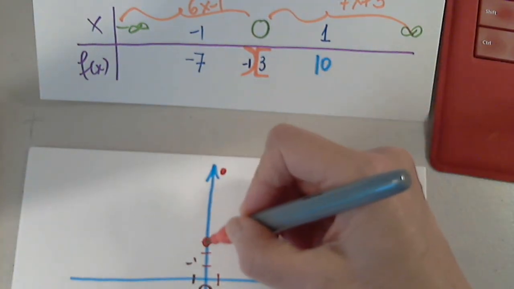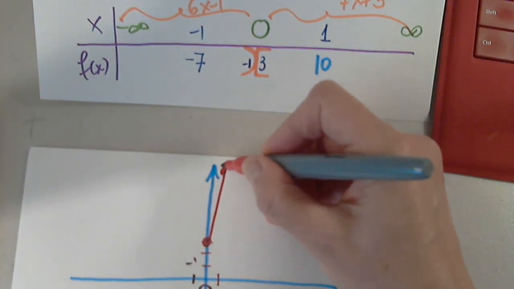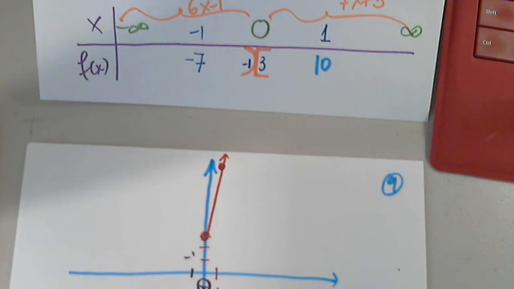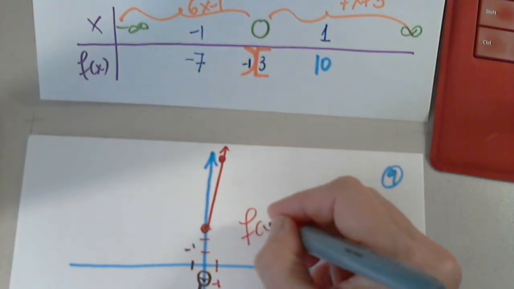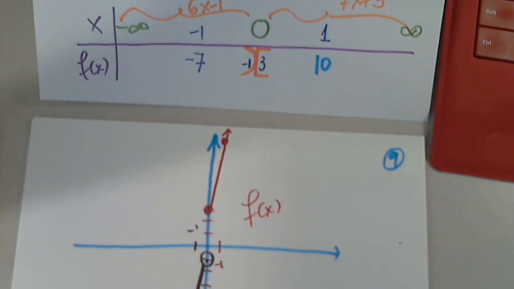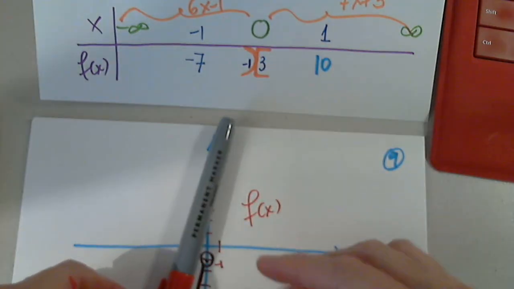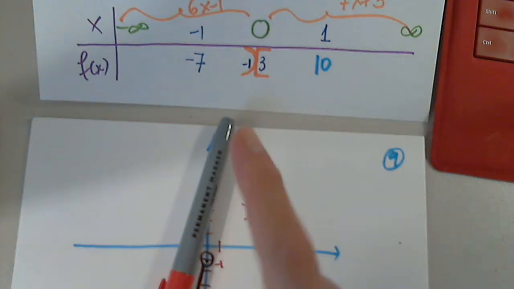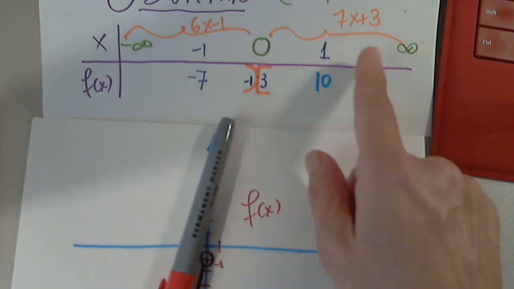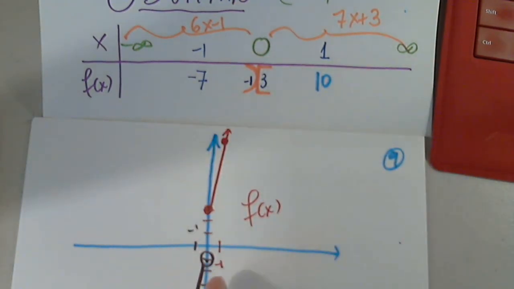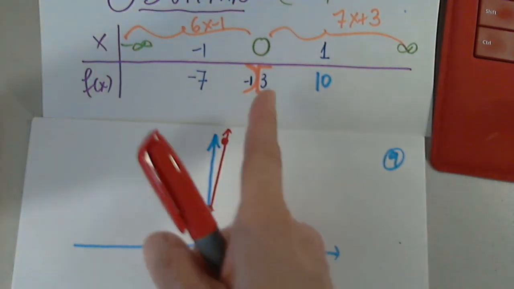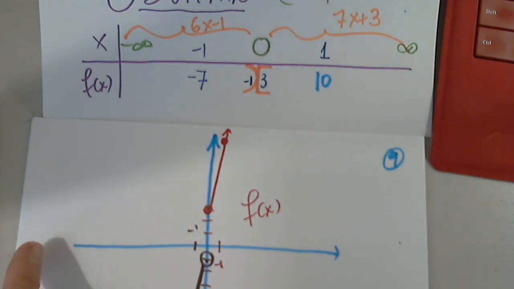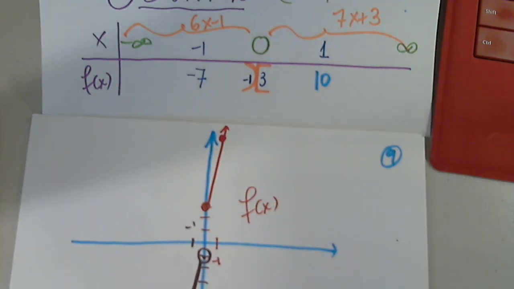So see, here's the graph. This is the graph of f of x. You understand that the red graph cannot be extended to the left? Not allowed. The right graph is from 0 to infinity. The left piece is only from negative infinity till 0.